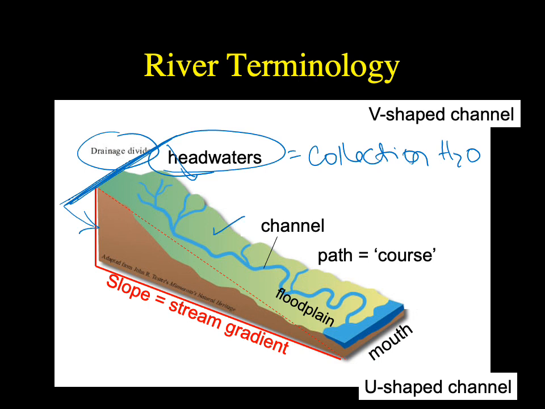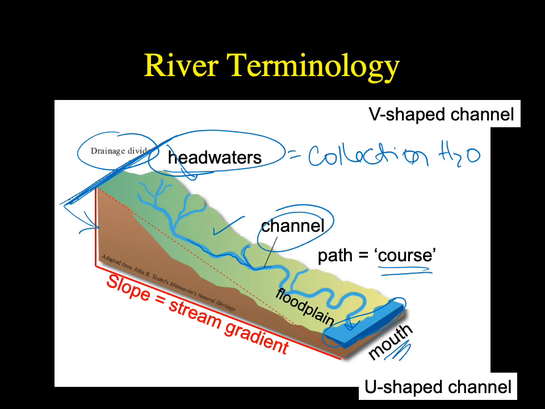Okay. So the actual river itself, the actual thing that's collecting all the water, we're going to call the channel. And when we talk about the path that a river takes, we call it the course, okay? The course of a river. Where the river ends up dumping out its water into a larger body of water, we call that the mouth.